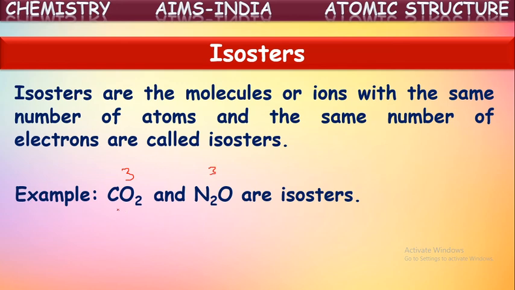So number of atoms is the same, and number of electrons, 22, is also the same. Like this, the molecules or ions which are having the same number of electrons as well as the same number of atoms are called isostars. Okay, these are the different relations between the atoms of elements based upon the number of fundamental particles existing in them.